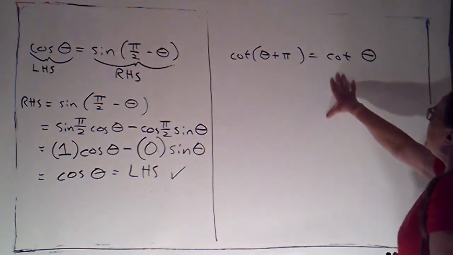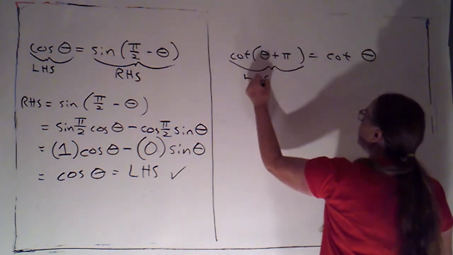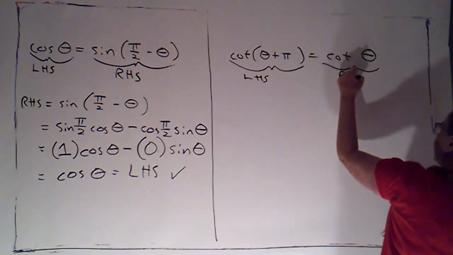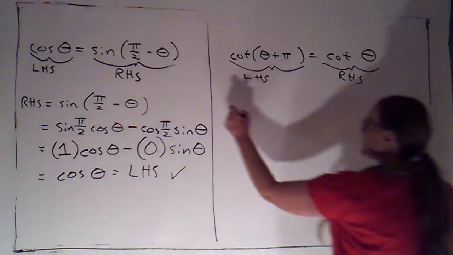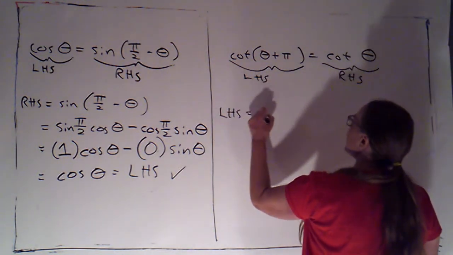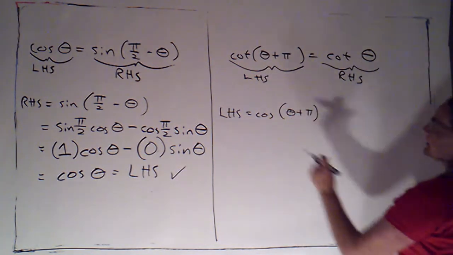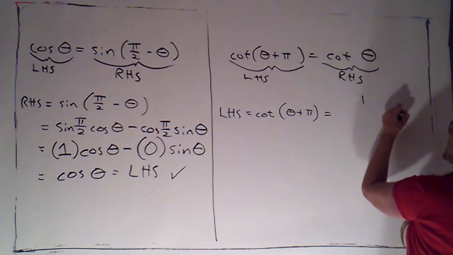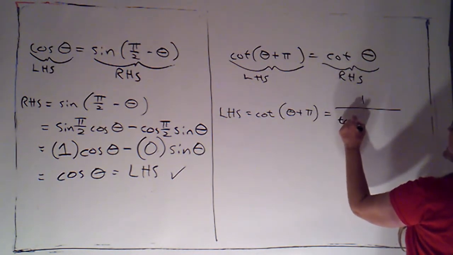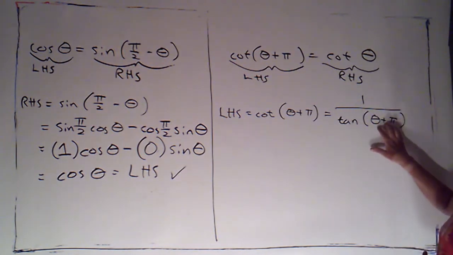Okay, so let's try working with this one. Here's my left-hand side, and here's the right-hand side. Okay, this side looks more complicated, so let's start with that. So the left-hand side was cotangent of theta plus pi. I'm sorry, cotangent, not cosine. And I'm just going to say that's 1 over tangent of theta plus pi, so that then I can use my sum formula for tangent.